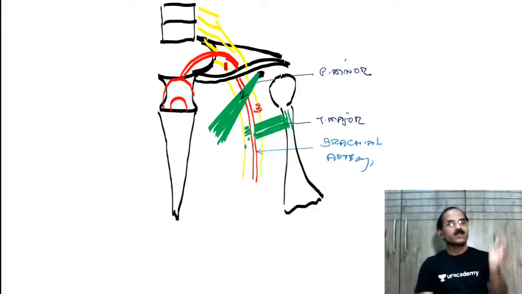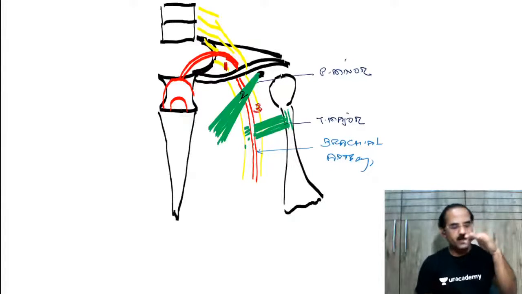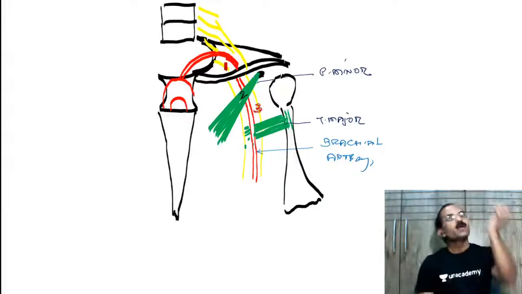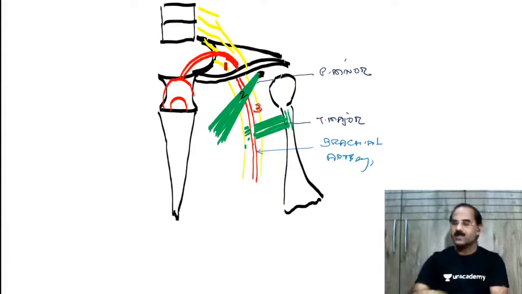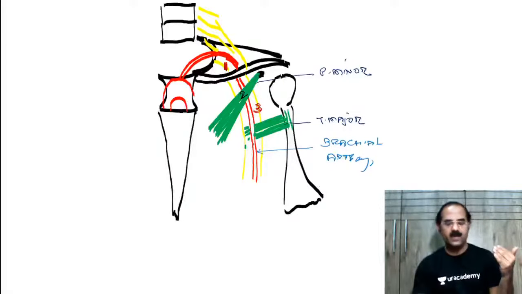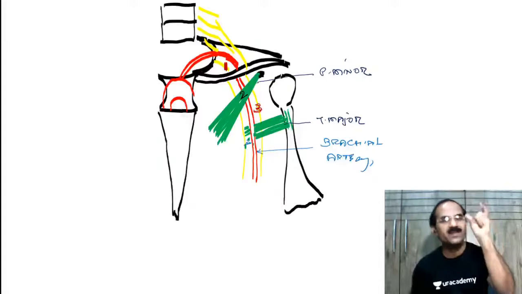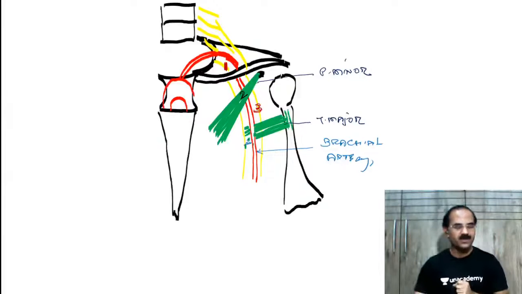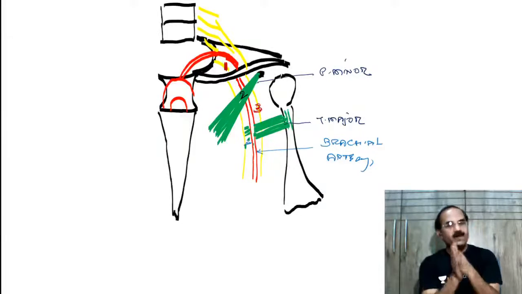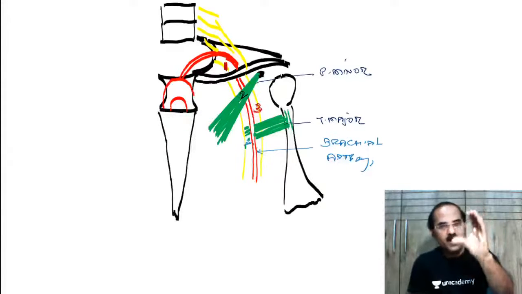It enters the apex and comes into the axilla. At the lower border of teres major it is now known as the brachial artery. And this axillary artery is divided into 3 parts by the pectoralis minor muscle.